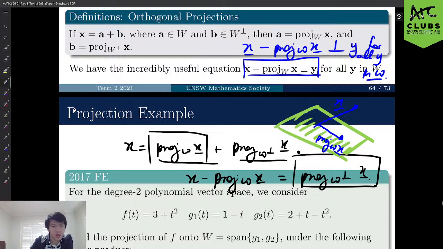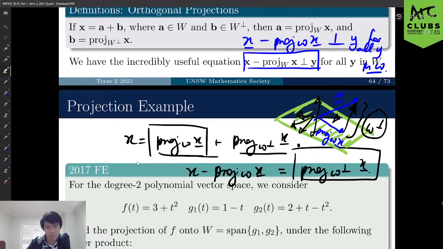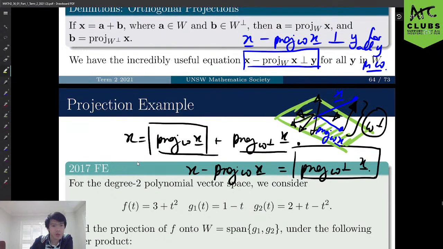That means that if we take x minus its projection, then this part is the W complement part, right? It's the part that's in W complement, which means that it's going to be perpendicular to all y in this space. So it's going to be perpendicular to all these vectors here. Yep, so that's our complement. If we are working with projections, we're always going to want to use this.